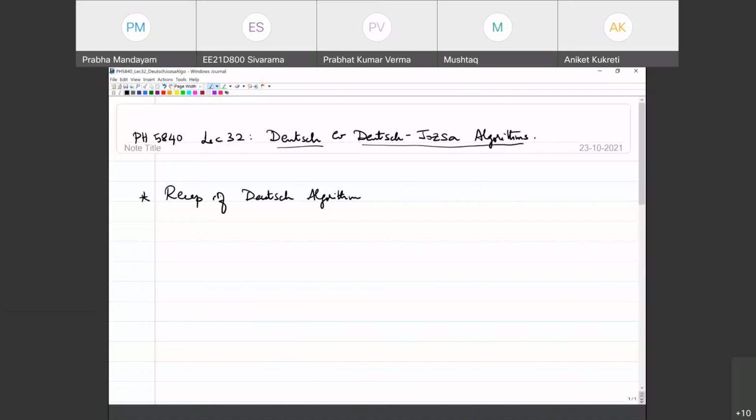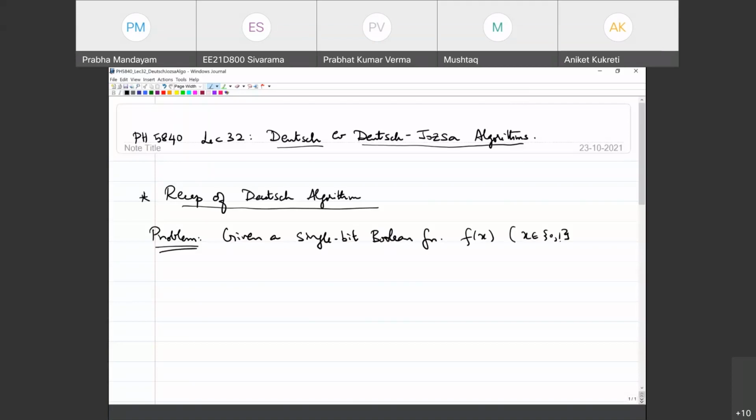So let's recall by stating the problem first. Given a single bit Boolean function, so x is just either 0 or 1, it's single bit, is f of x constant or balanced?